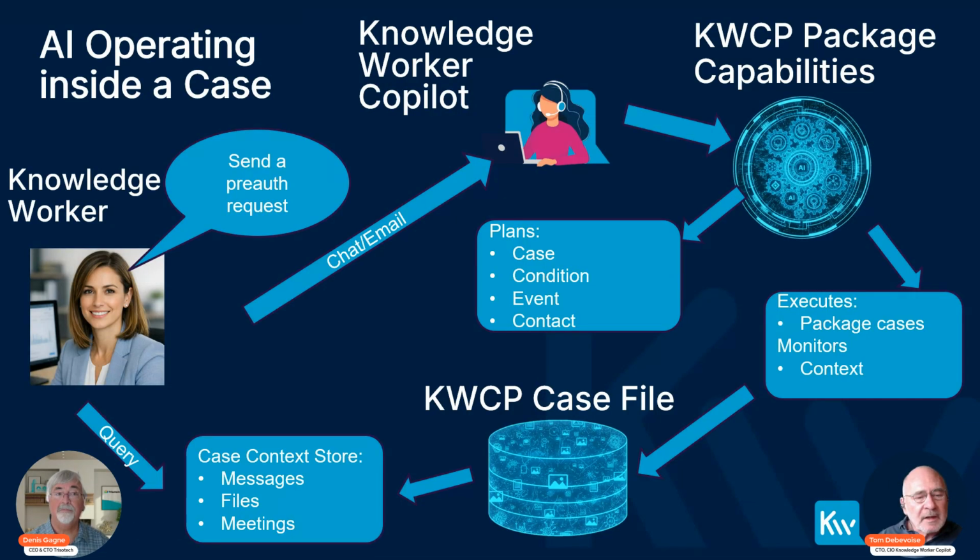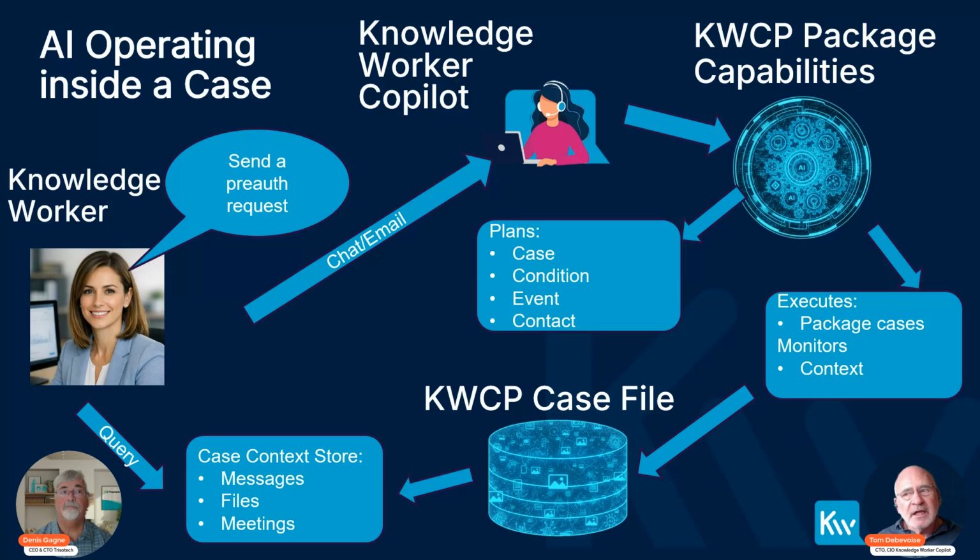So just to explain a little bit further, as we saw, the knowledge worker sent in their chat a request to initialize some type of pre-authorization request with the boundaries and conditions that it needs to execute in.